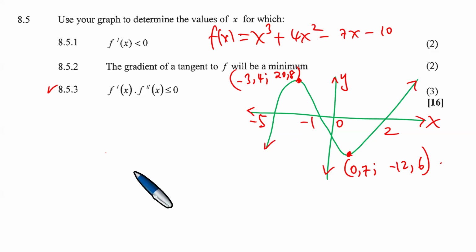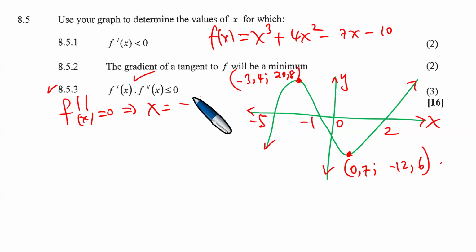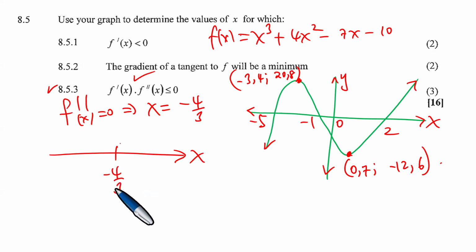But now the question we're asking is we need to solve this one. But we also know that f double primed of x equals 0 means that x is minus 4/3. And now we can draw a line like this and put here minus 4/3, and then remember that f of x is that one, but what is the first derivative?